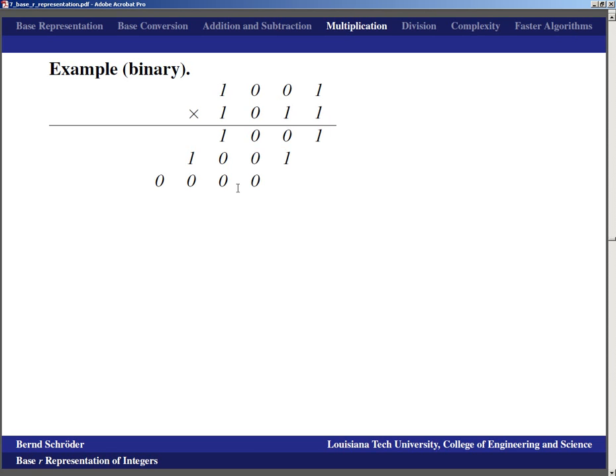This one gives us just a bunch of zeros, and then 1 times 1001 gives us 1001 again. And now if we add this up, 1 plus 1 is 0 with a carryover of 1. 1 plus 1 is 0 with a carryover of 1. 1 plus 0 is 1, and 1 plus nothing is 1. So this is the same algorithm as we do in base 10, only that in base R it feels a little bit unfamiliar.